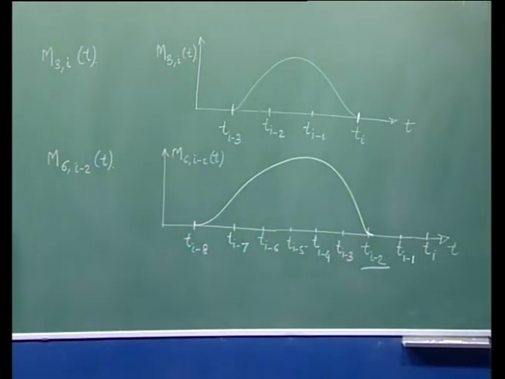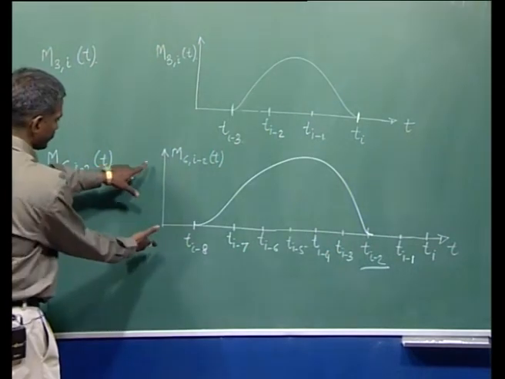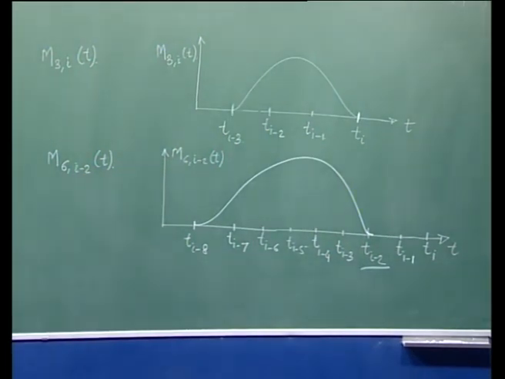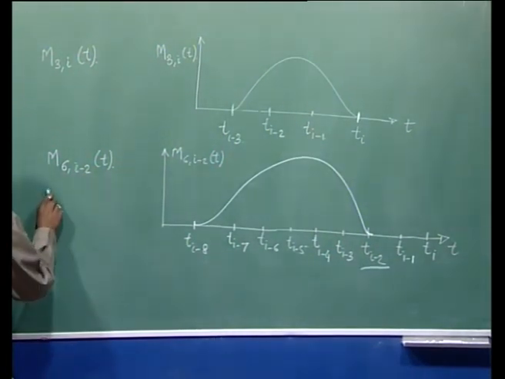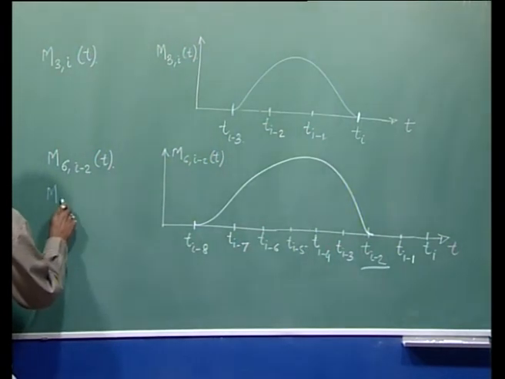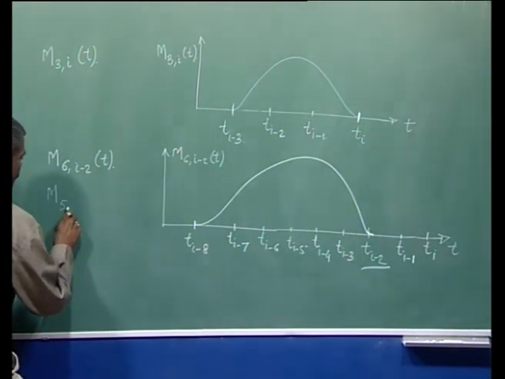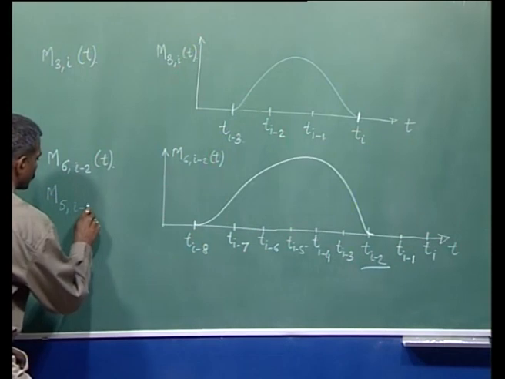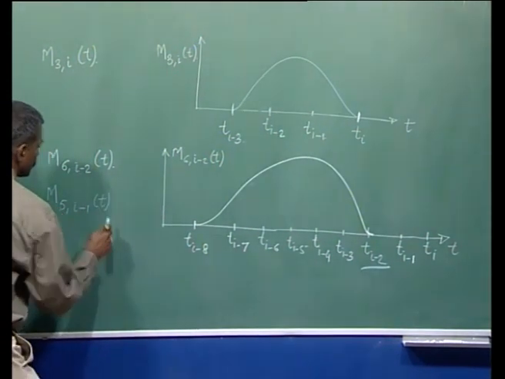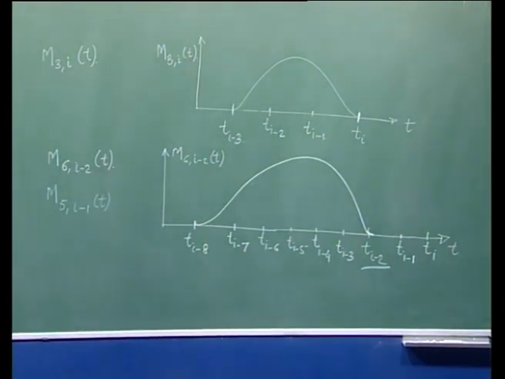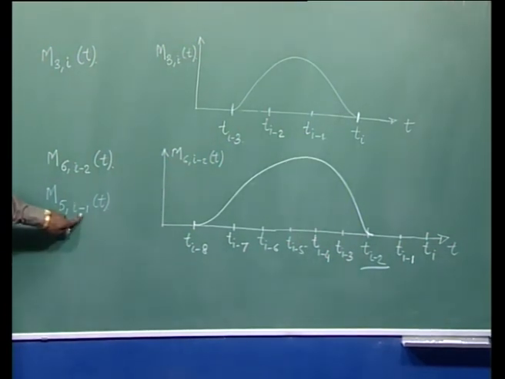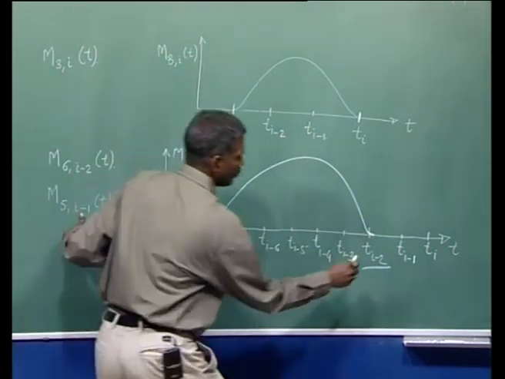If I ask you to plot over this M_5,(i-1) of t, would you be able to do that? Our starting knot is t_(i-1), which is this one here.